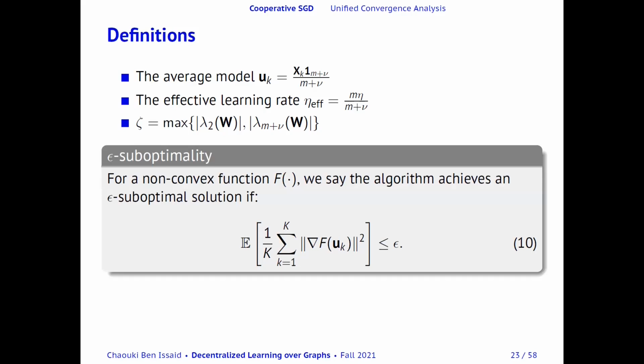And we say that an algorithm achieves an epsilon suboptimal solution for a non-convex function f if equation 10 is satisfied. That is, the expected value of the average squared norm of the gradient of f evaluated at the average model is less than a constant epsilon.